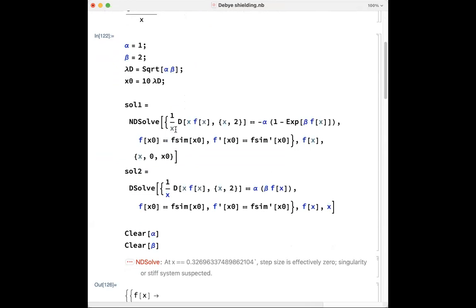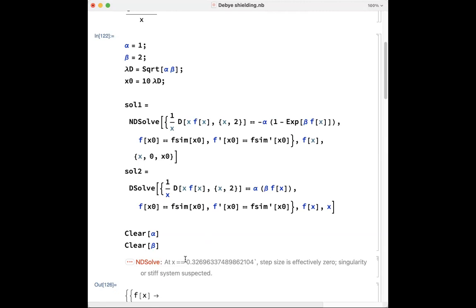And then I'm going to tell Mathematica, let's assume that the approximate solution I calculated explicitly is correct away from my test charge. Let's do a numerical solution that starts from some point with the same value as the approximate one, integrate inwards, and see if they really look the same.